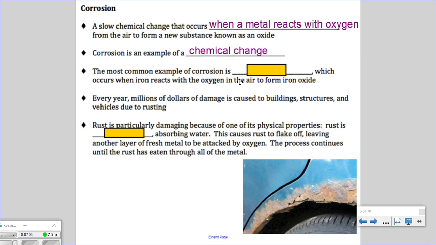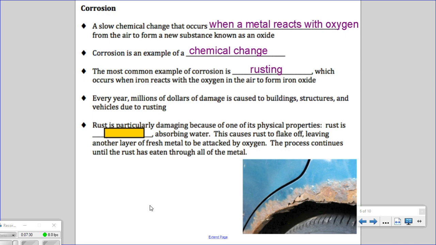The most common example of corrosion is rusting, which occurs when iron reacts with the oxygen in the air to form iron oxide. That iron oxide doesn't have the same strength or integrity as iron, and so that iron oxide just flakes away. Every year, millions of dollars of damage is caused to buildings, structures, and vehicles due to rusting.